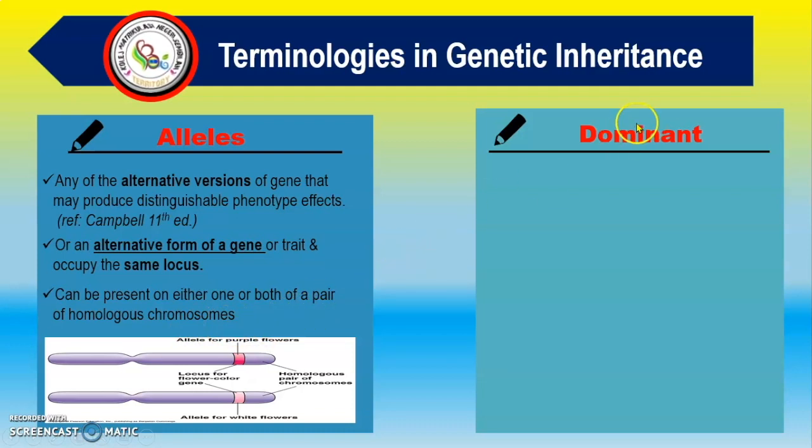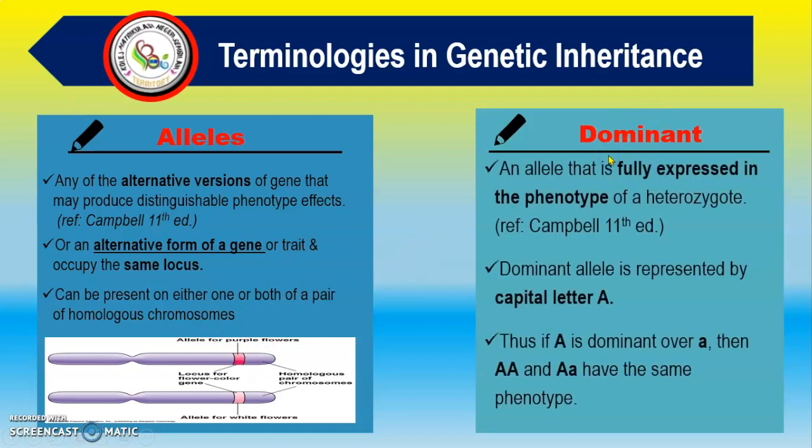The next terminology is dominant. Dominant allele is an allele that is fully expressed in the phenotype of a heterozygous.